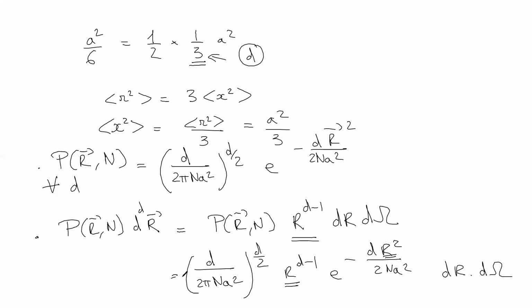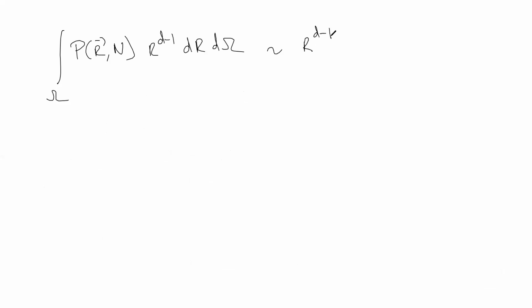So I can integrate that quantity over the solid angle. And this will give me, so if I do that, I take P of R, n, R^(d-1) dr dΩ, and I integrate over the solid angle only. Okay, and so this, apart from prefactors, will give me something which is R^(d-1).